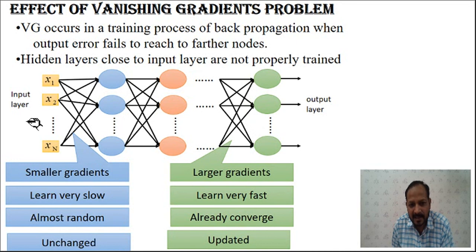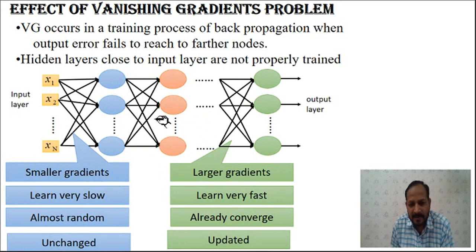So there is unequal, non-uniform training across the hidden layers, and because of that the training is not proper and it gives a number of problems. Some of the layers reach convergence, and some layers are not trained at all. That is the effect of the vanishing gradient problem.